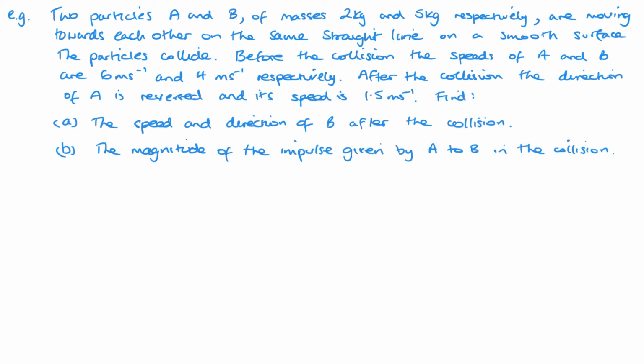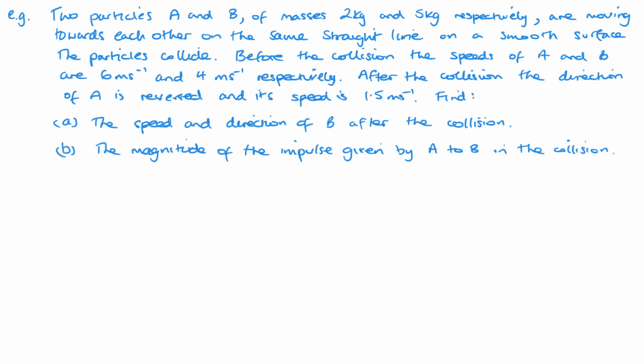Now, in this example, we've got two particles, A and B, masses 2 kilograms and 5 kilograms, moving towards each other on the same straight line, so they are going to collide perfectly into each other, not just glance or graze. So like a full collision, and it's a smooth surface, so there's no friction to worry about.